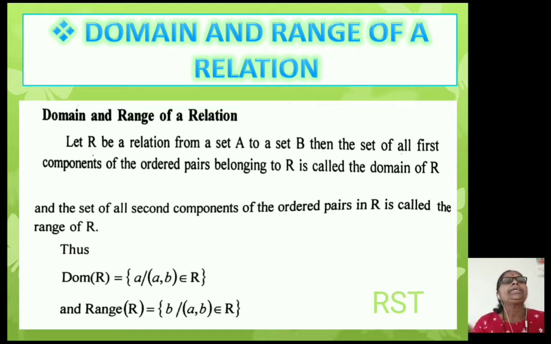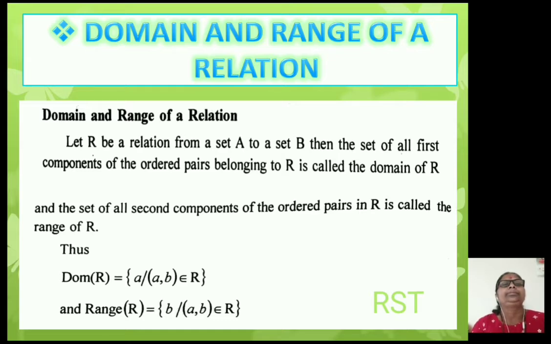Let R be a relation from set A to set B. Then the set of all first components of ordered pairs belonging to R is called the domain of R, and the set of all second components of the ordered pairs in R is called the range of R. Thus, domain of R equals the set of a in A such that the ordered pair (a, b) belongs to R. That means the domain of R contains the first element.